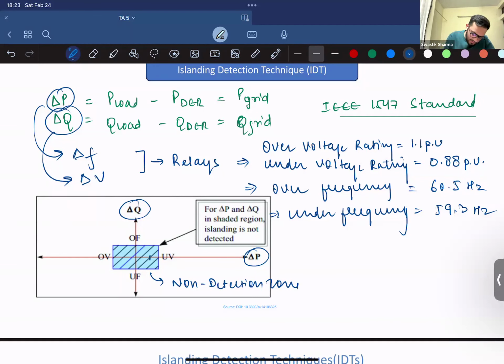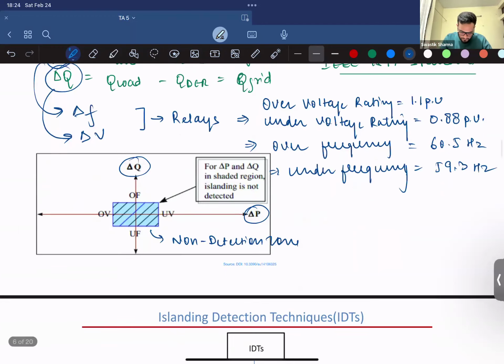Let's say there has been an islanding, but the relay won't be able to tell. If it can't detect islanding, what's the use of this setting? So many researchers are trying to remove this non-detection zone or minimize its area, so that there could be better reliability for these relays.